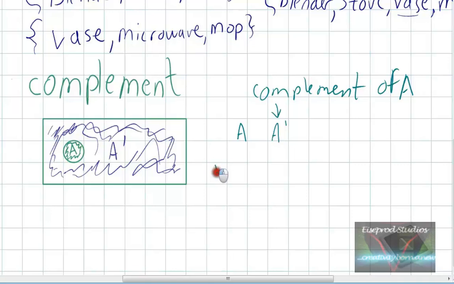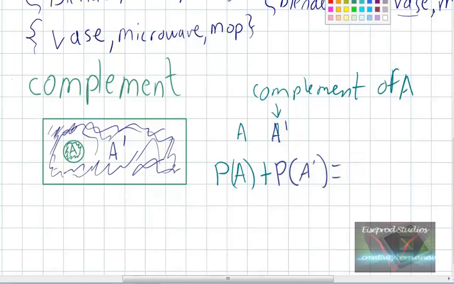So, in terms of probability, the probability of, say, landing in the space A, if you're going to throw a pebble or something, plus the probability of landing in space A prime would be equal to 1.